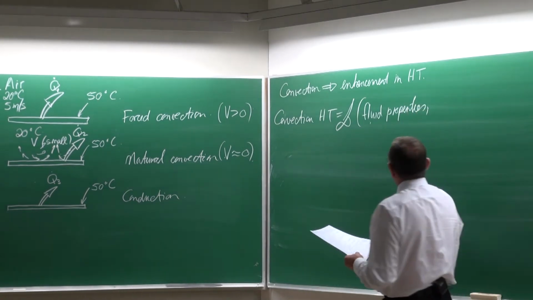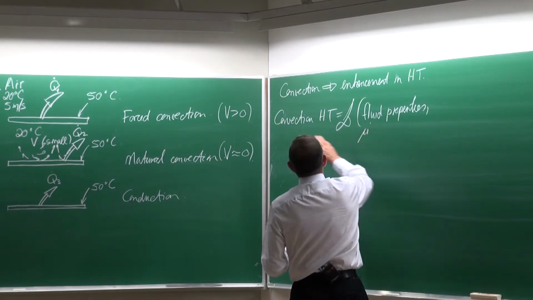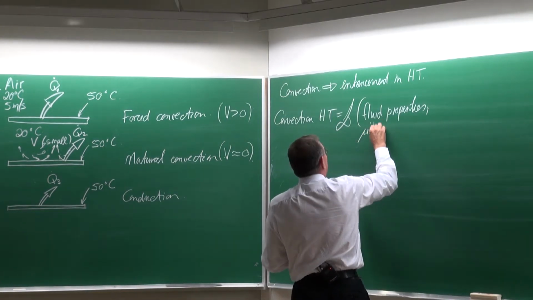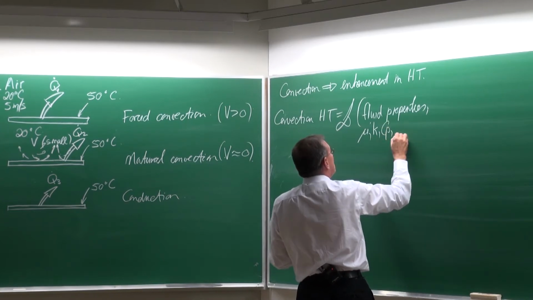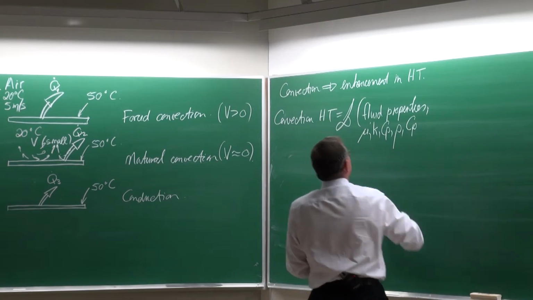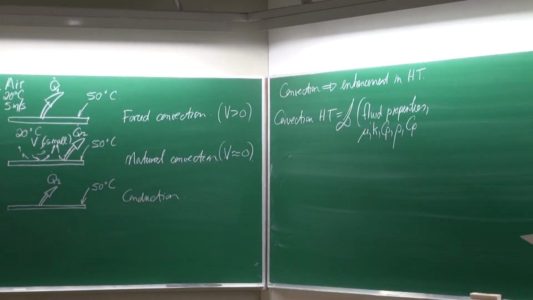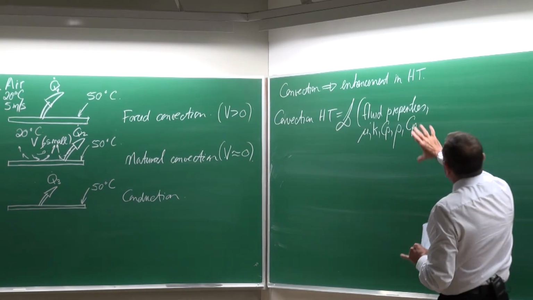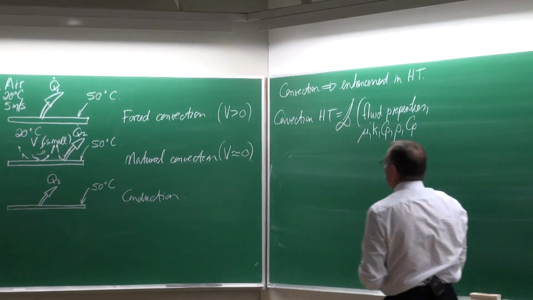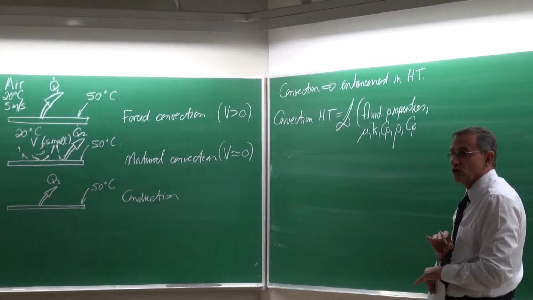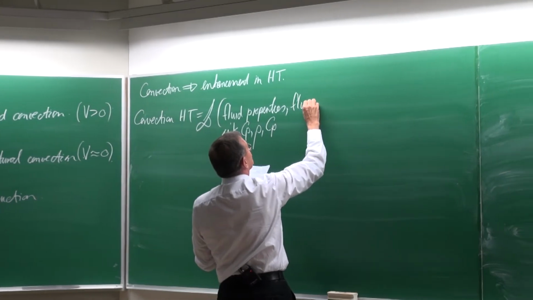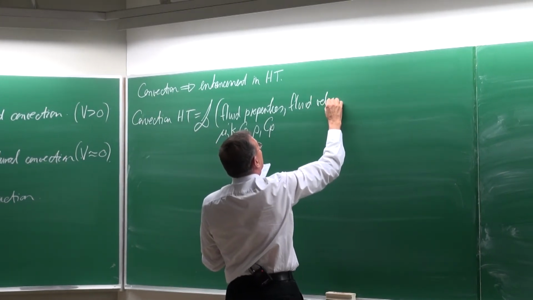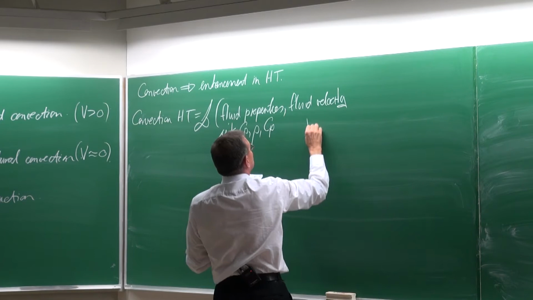And the fluid properties that will influence the convection heat transfer will be the viscosity, the thermal conductivity, the density value, and the Cp value. That is the first thing that will have a huge influence on the convection heat transfer rate. The second thing that will influence it would be the fluid velocity, V.